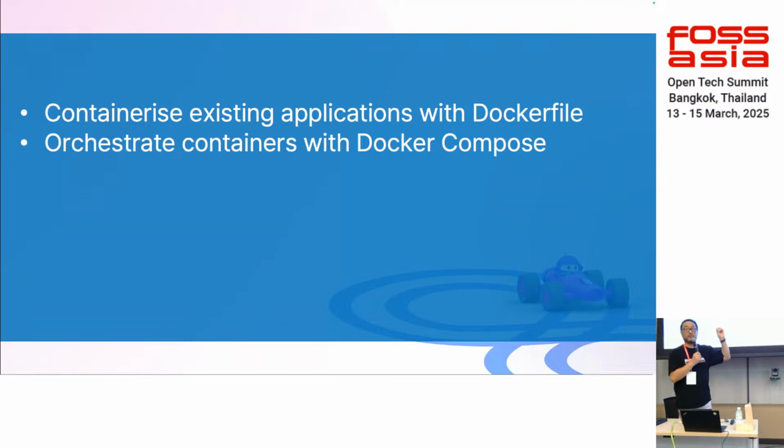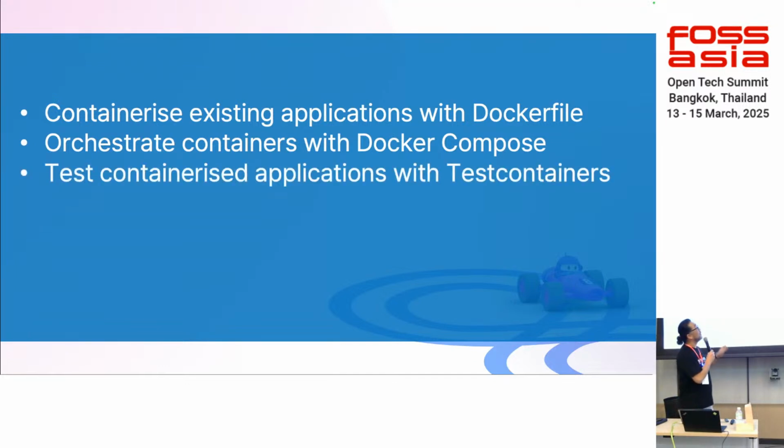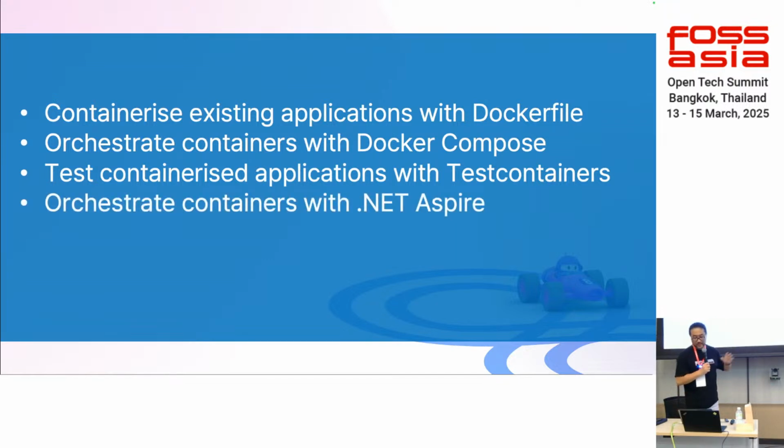We are containerizing our applications using Dockerfile, and we are orchestrating our containers using Docker Compose. And we are testing those containerized applications with Testcontainers. And if time allows, we are also covering .NET Aspire to orchestrate all the app containers.